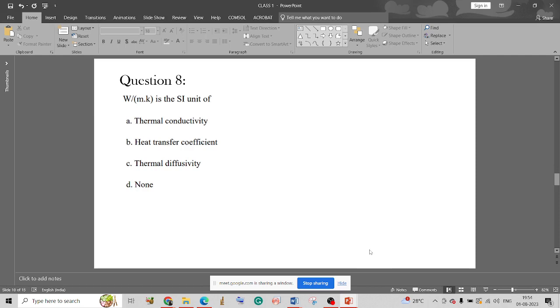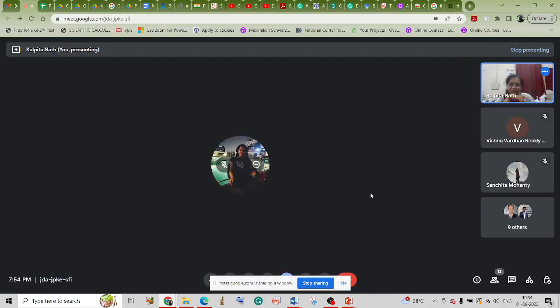Watt per meter Kelvin is the SI unit of which of the following? This is a relatively simple question.